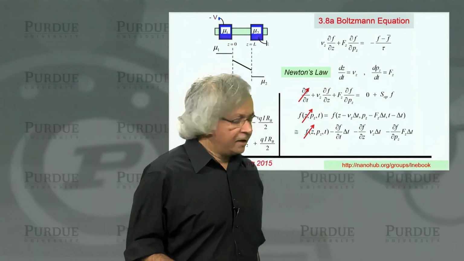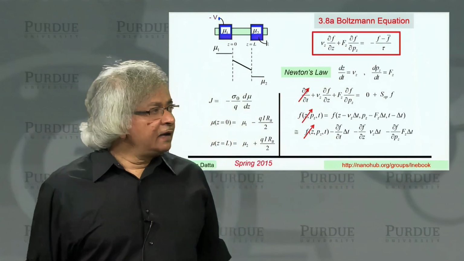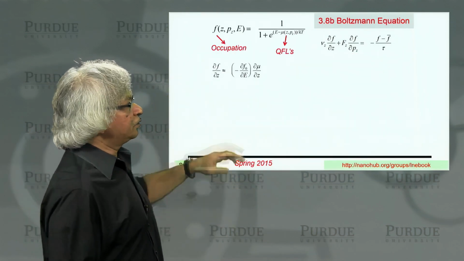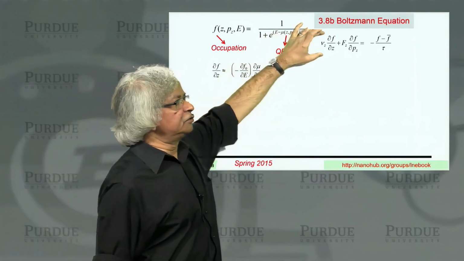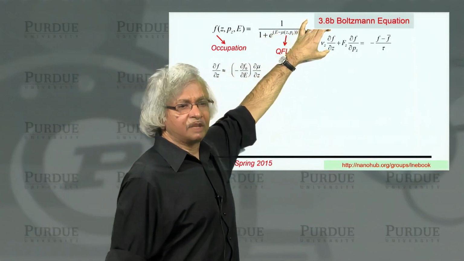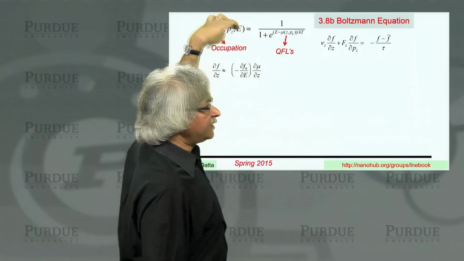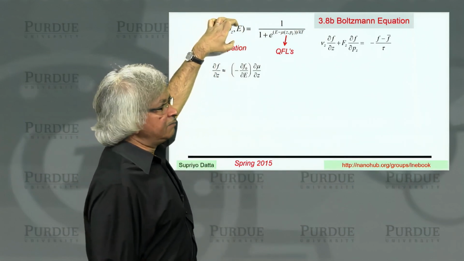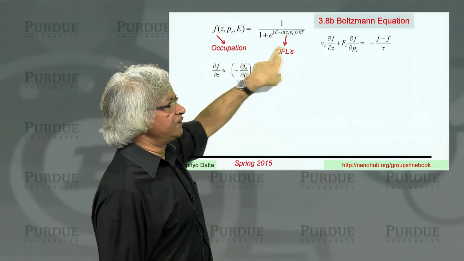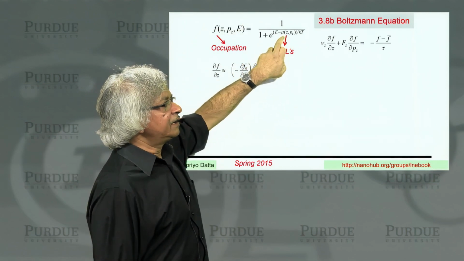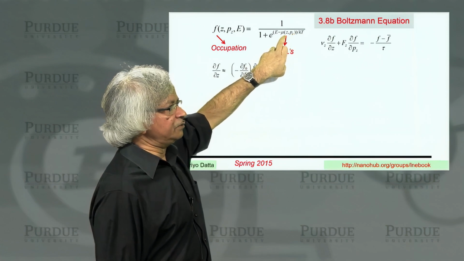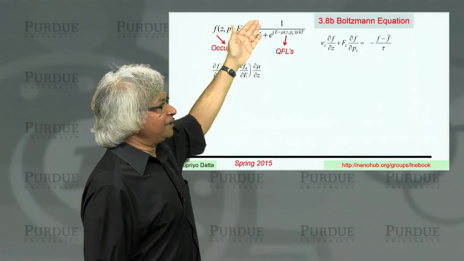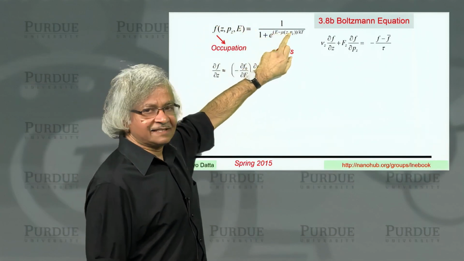Okay. Now, if we wanted to go further with this equation, I want to introduce the idea of quasi-Fermi levels. You could take the F, which could have any form in general, but write it in the form of a Fermi function with these quasi-Fermi levels, mu. At equilibrium, the F would be given by a Fermi function where mu is a constant.